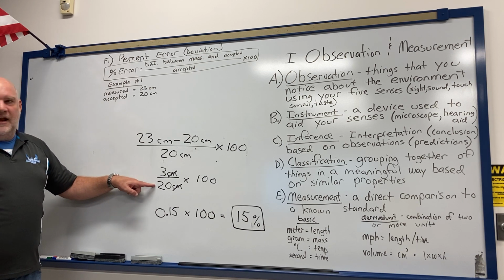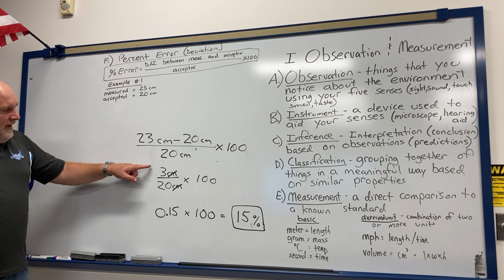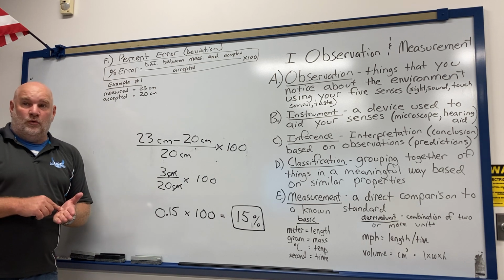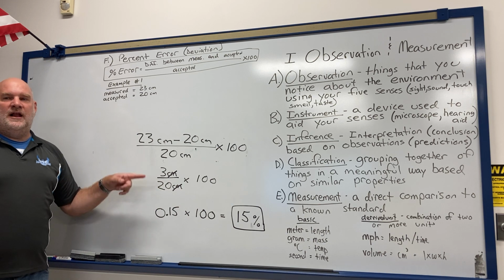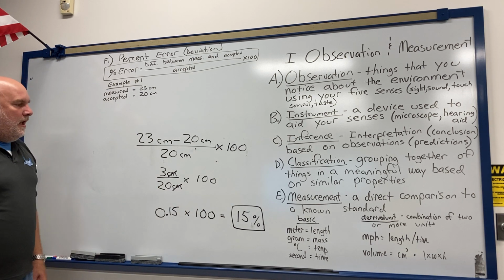So it's 3 divided by 20, not 20 divided by 3. Another thing, make sure that you do 3 divided by 20, hit equals, and then multiply it by 100.